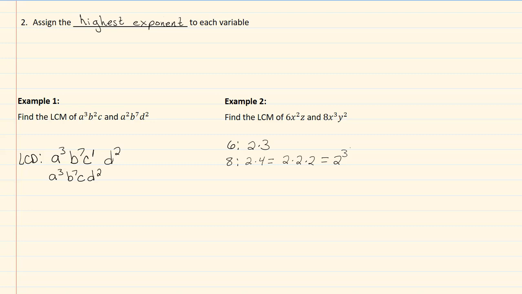So now we're going to write down all unique factors. That will include each unique number as well as each unique variable. So we have 2's, we have 3's. For our variables, we have X, and we have Y. And now we look at the highest exponent for each unique factor.